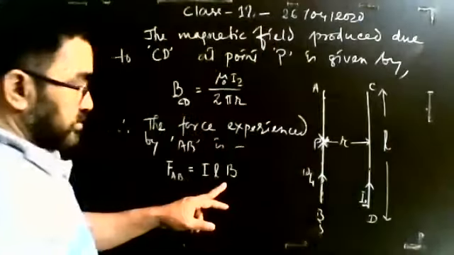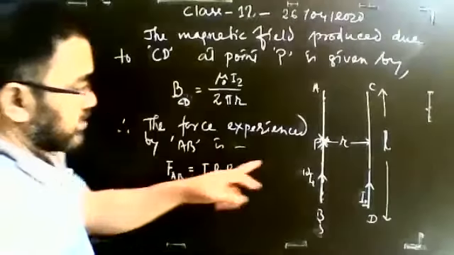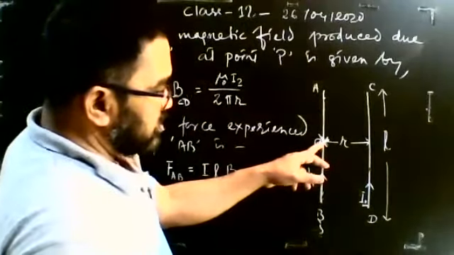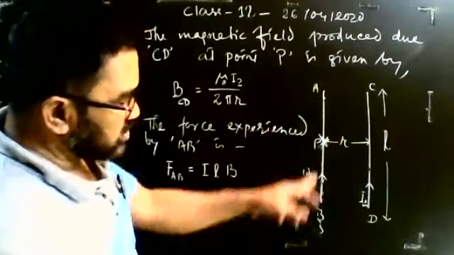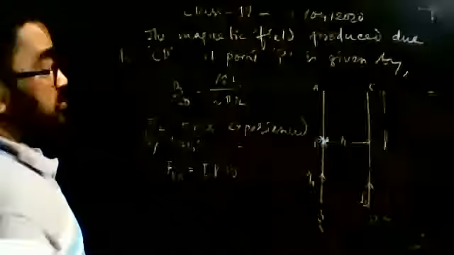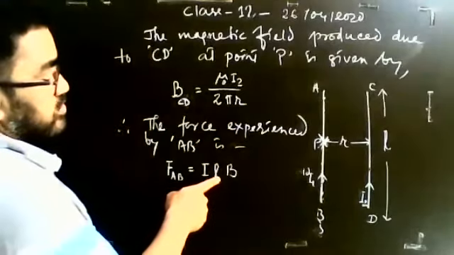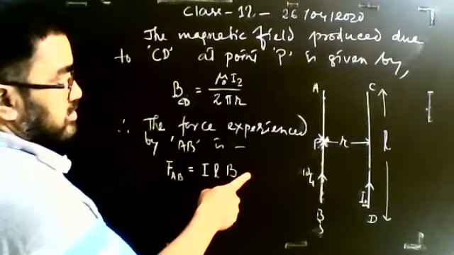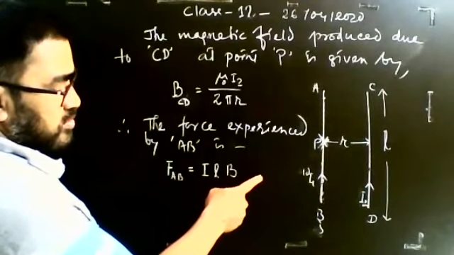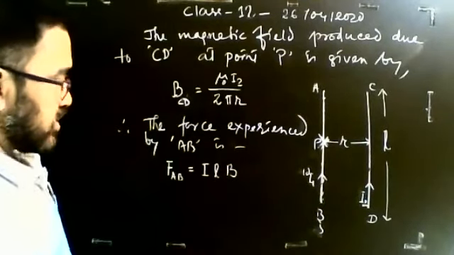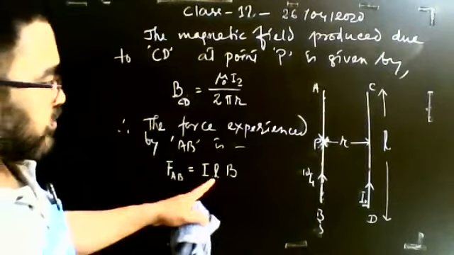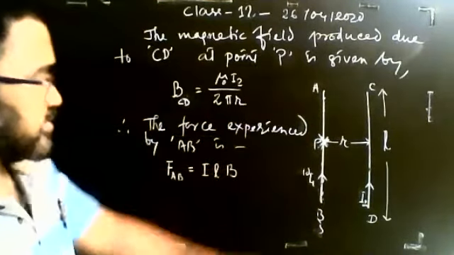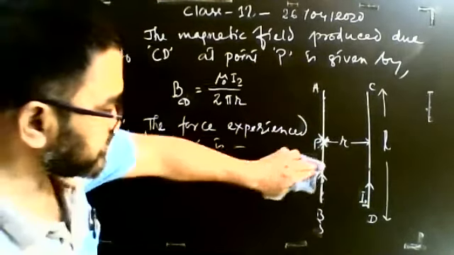L and B: the magnetic field produced here will be perpendicular to this conductor. So L and B will be perpendicular. This is why sine theta will be equal to 1. This maximum force will be experienced by this conductor AB.